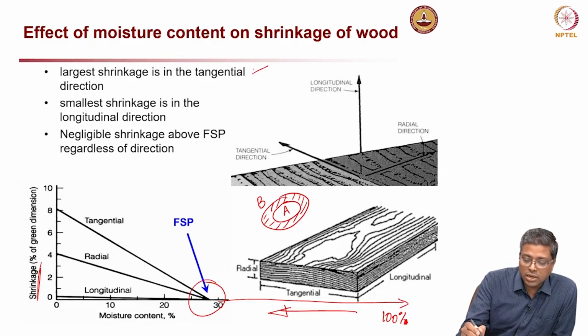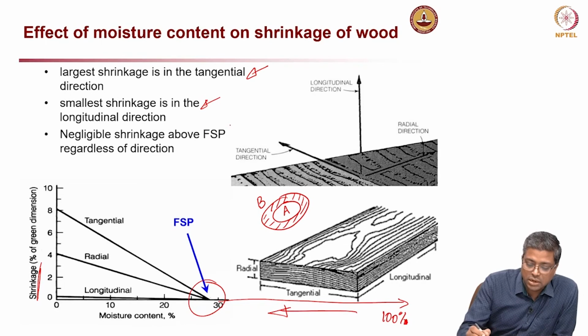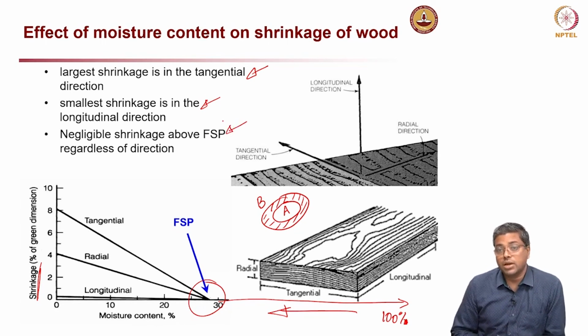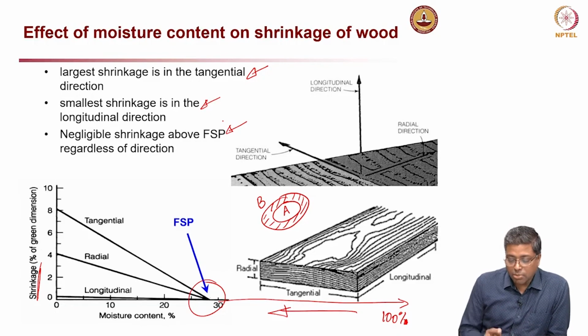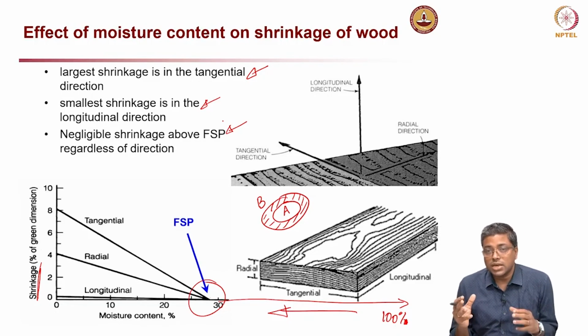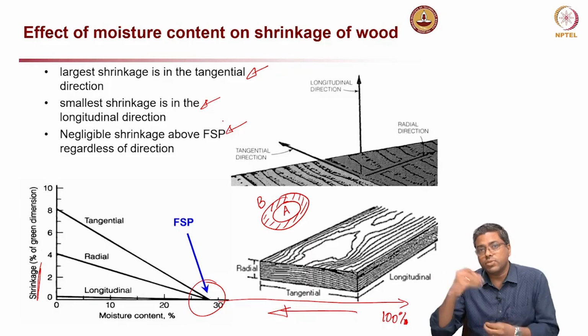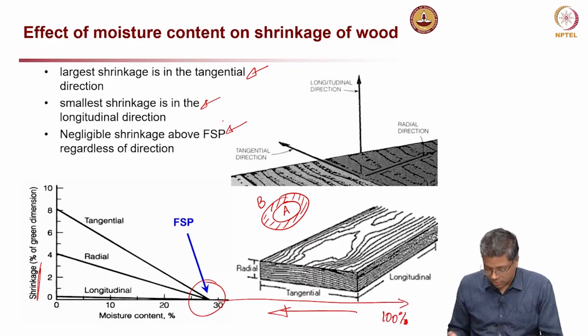The largest shrinkage happens in the tangential direction and the smallest in the longitudinal direction, as we discussed earlier, and there is negligible shrinkage above FSP regardless of direction. Above FSP, there is no shrinkage happening because it is just water from the cavities being evaporated.